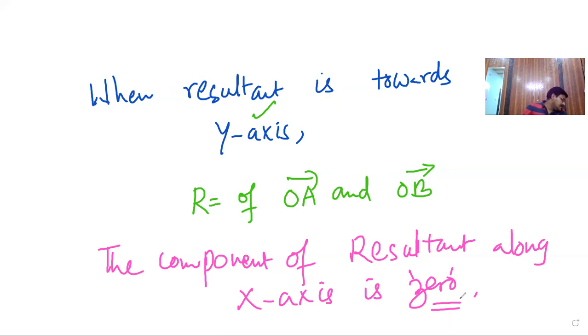So the total resultant is acting only towards y. That means automatically the x component is 0. Whenever any vector is there, it should have an x component and a y component also. The entire resultant is acting only towards y, so the x component is automatically 0.